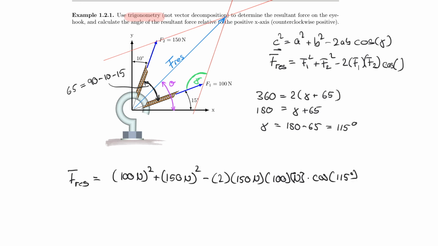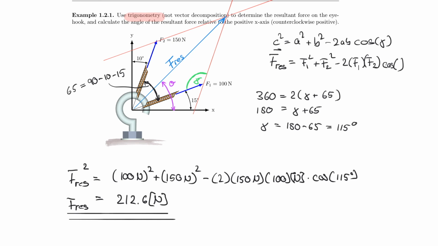And if I solve this, by the way, this of course is F resultant squared, but if I solve this for F resultant, I will find that I now have 212.6 Newton. And so this is a result, and that result I need to double underline as always, because that is specifically what was asked of me in the problem statement.